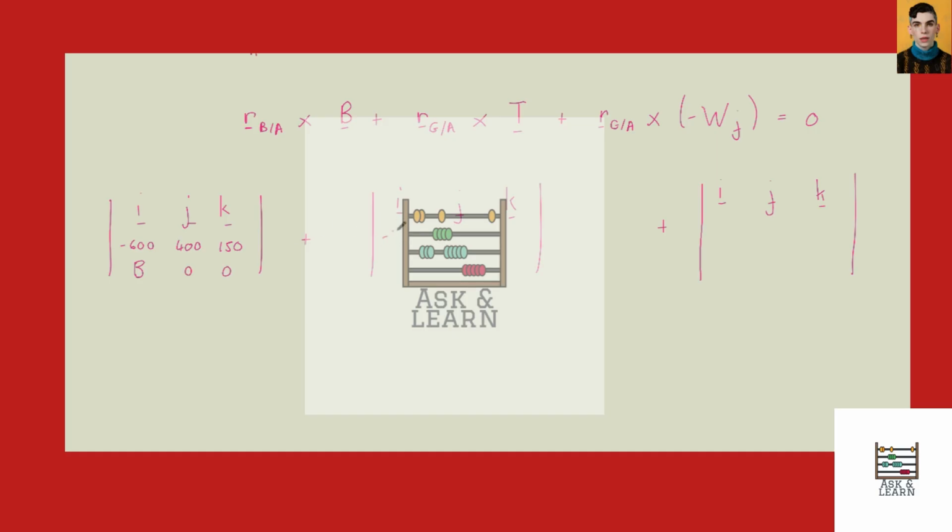The second cross product is minus 300, 200, 75, crossed with minus 300, 200, and minus 225, and this is multiplied by the scalar, the tension over 425, plus the final vector, which is RGA, minus 300, 200, and 75, crossed with the weight, which is 0, minus 98.1, and 0.